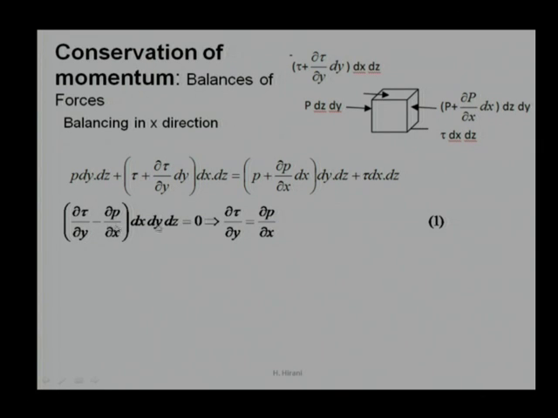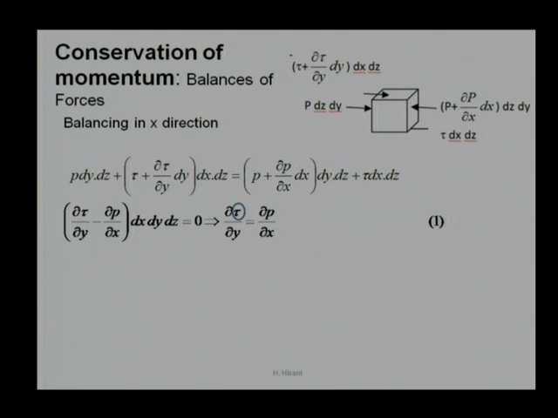This can be rewritten something like this: the gradient of shear stress induces pressure, or may increase pressure. So, we are emphasizing here that tau is playing an important role, and in liquids we know viscosity will play an important role to induce this shear stress.